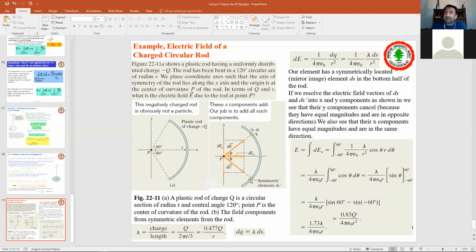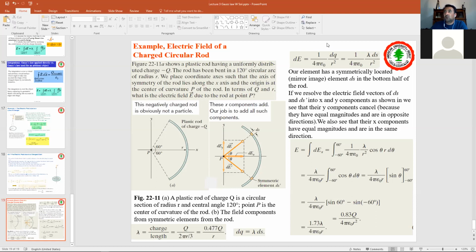Now you can find another dE prime on another element ds prime, such that it has dEx and dEy. What you can see clearly is that if I integrate over this whole arc, then the dEy will cancel out and I only have dEx, because for each of these elements, I have another one on the opposite side.